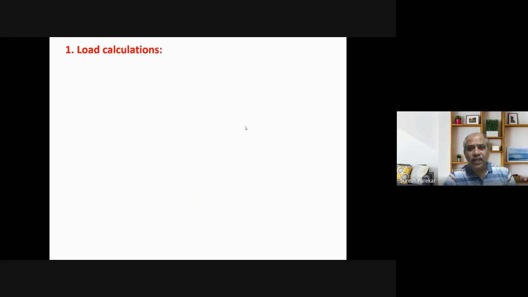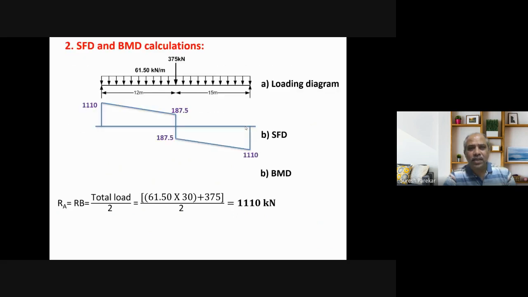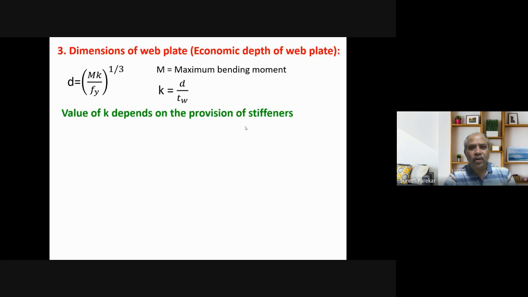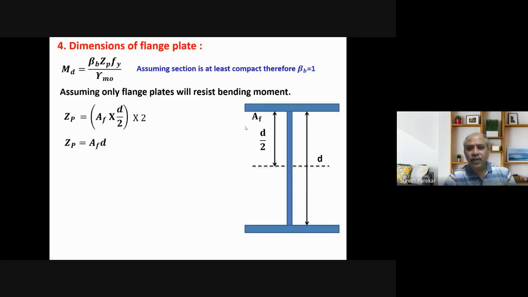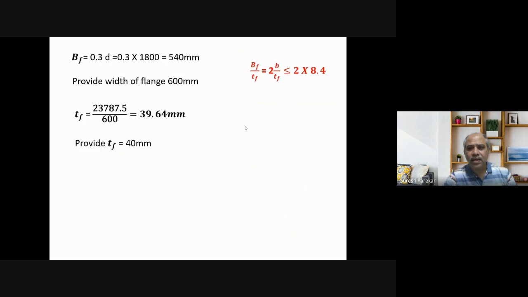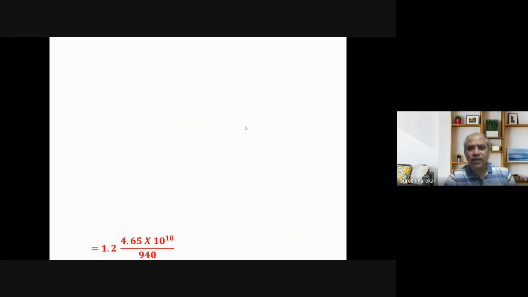Now, I will also show you the dimensions. So we have dimensions provided, and then we can go to the stiffeners.